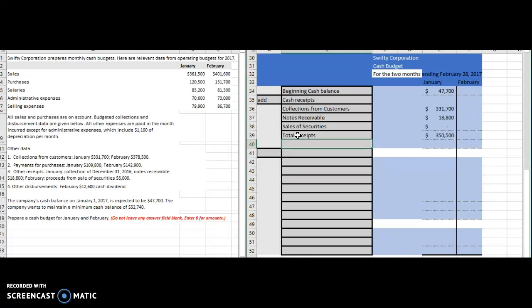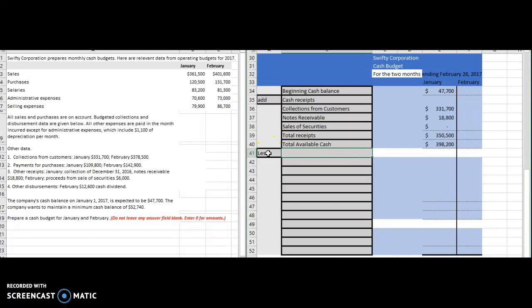After that, we add in the beginning cash balance of $47,700 to get total available cash, and your total is $398,200.